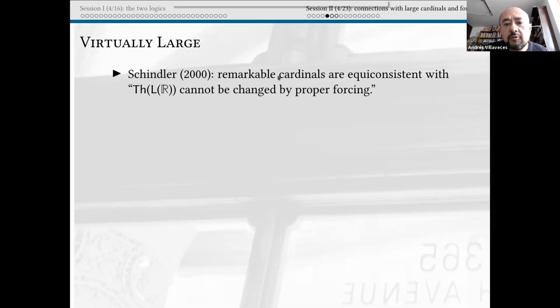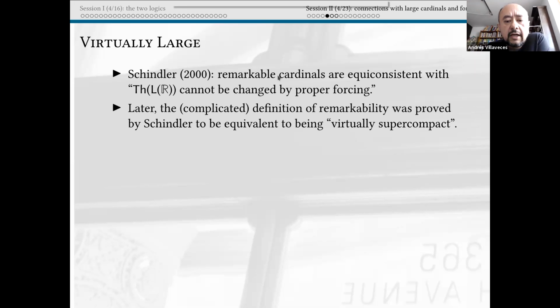But these remarkable cardinals were defined in a quite complicated way. If you look at the original definition, it looks quite scary. However, it is nice to know that these remarkable cardinals are quite low in the large cardinal hierarchy. So later, the original complicated definition of remarkability was proved by Schindler to be equivalent to being virtually supercompact.